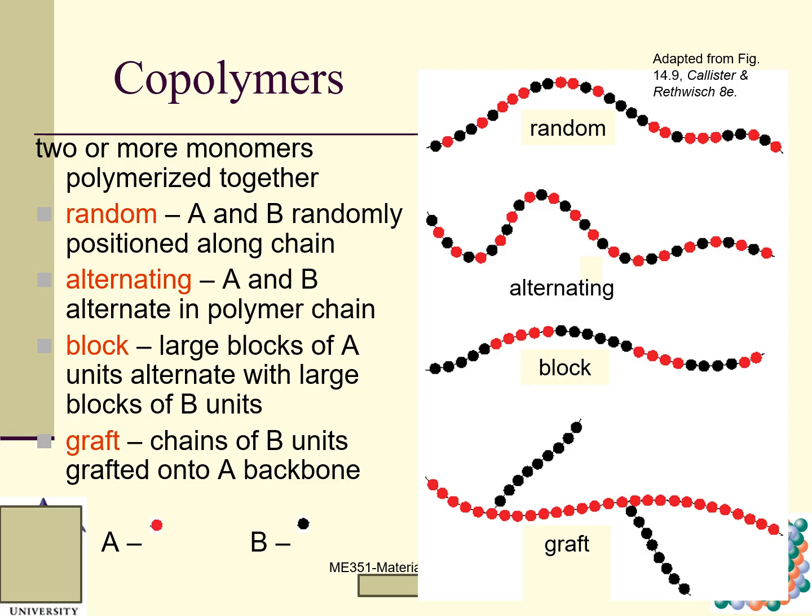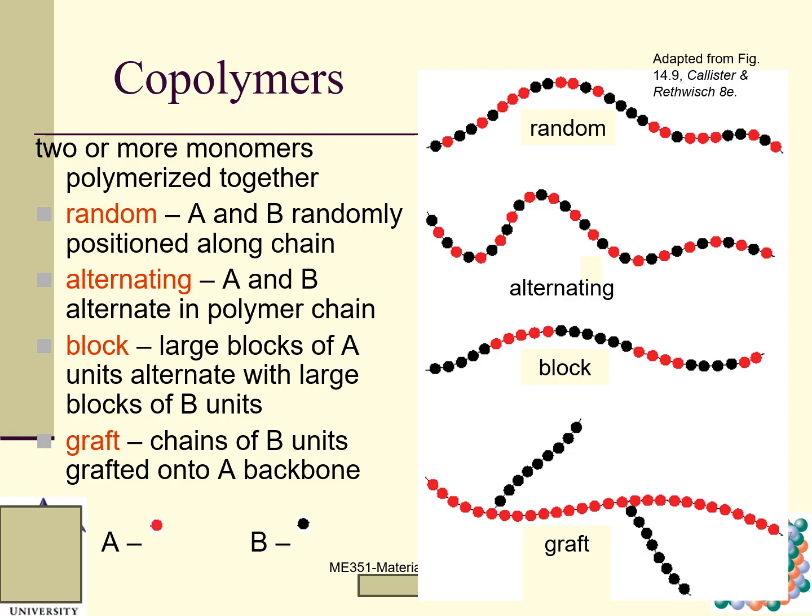random. This is a mer A, mer B. A and B are randomly positioned along the chain. You can see here this one red, this one a mer, and the dark one is another mer. Alternating: 1A, 1B, 1A, 1B, 1A, 1B, alternating.